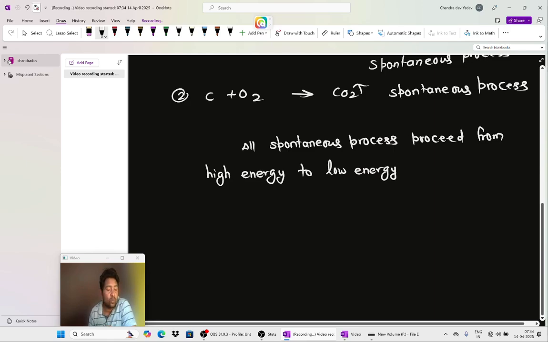This is the natural rule. Why does any system or any reaction proceed from high energy to low energy? Because it provides stability. The rule of nature is stability. The whole universe is flowing towards stability. So we can write here: because of stability.